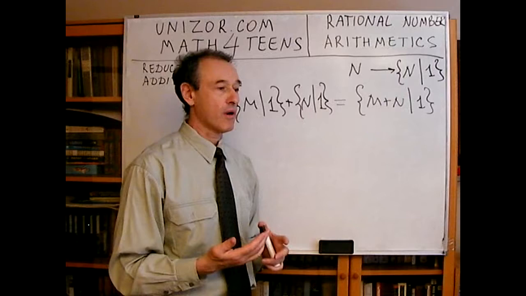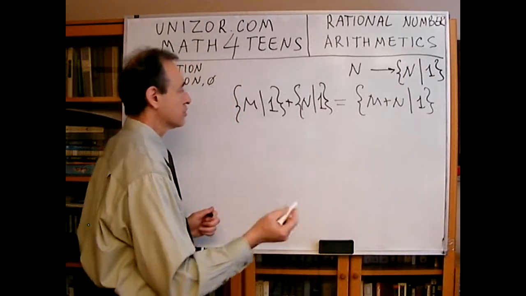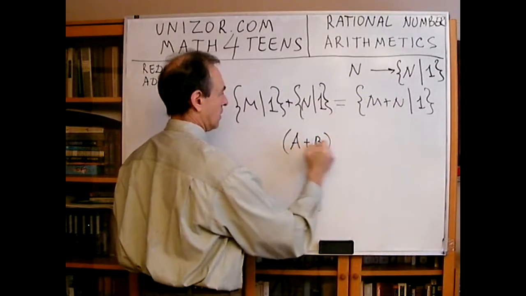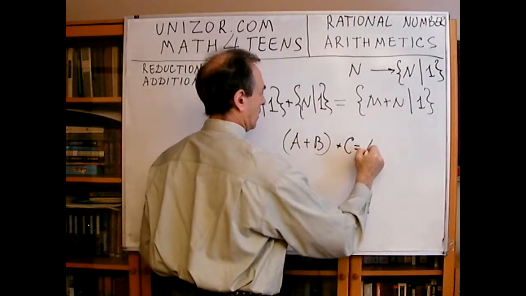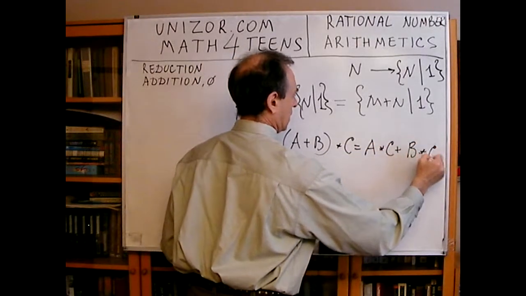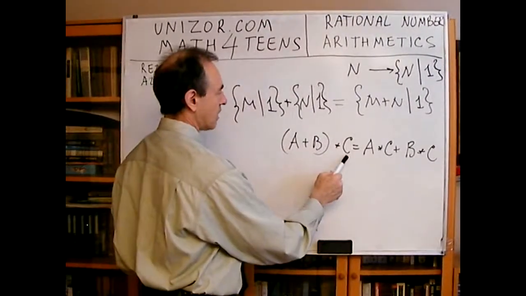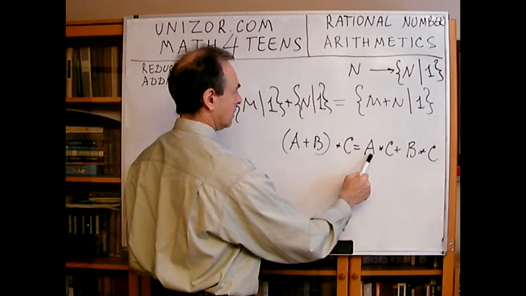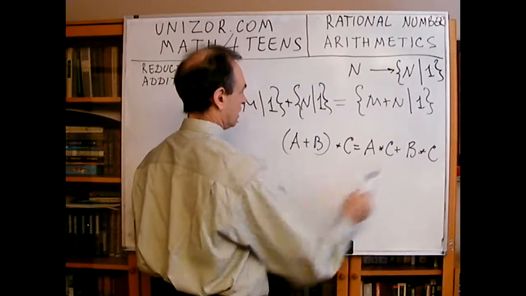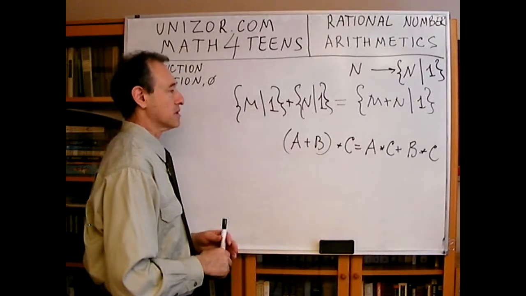Well, do you remember the very nice distributive law among the integer numbers? This is the distributive law. A sum times some number is the first of these two times this multiplier plus the second one. So this is called the distributive law among integer numbers.